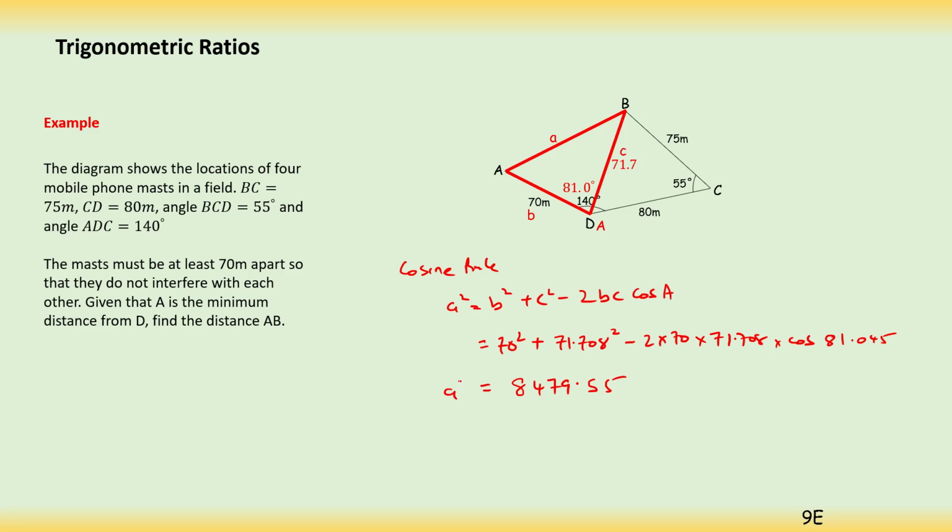Don't forget that's a squared, so a is going to be the square root of that, which is 92.1 meters. And that's your AB. Okay, so hit pause, make some notes, and I've got a couple of questions for you to have a go at.